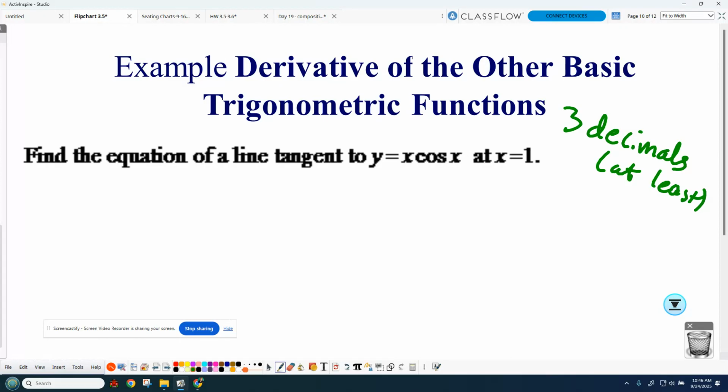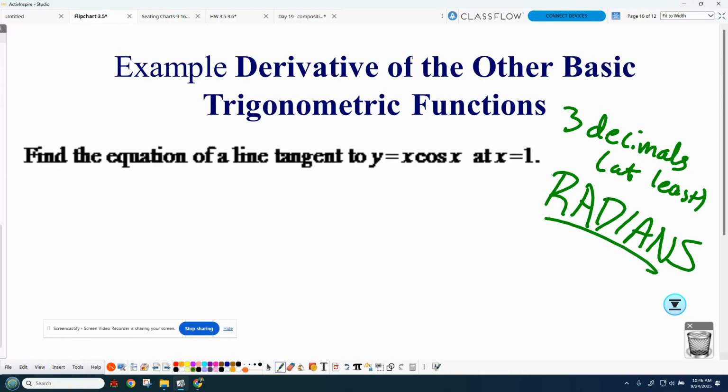And calculus. Degrees, radians, or doesn't it matter? Radians. Absolutely make sure your calculator's in radians.